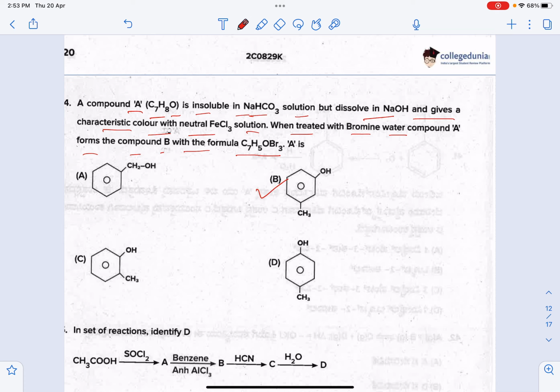This compound is insoluble in sodium bicarbonate but dissolves in sodium hydroxide, and gives a characteristic color with neutral ferric chloride. The characteristic color with neutral ferric chloride is given by the phenolic group, so it is clear that it contains a phenolic group.